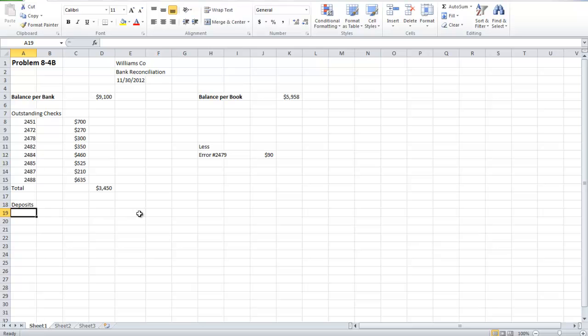The November 20th deposit of $1642 shows up on November 21st. However, there's an error here. So this is the second error. Okay. So we have a difference. $1642 minus $1624. There's an $18 difference here. Okay.